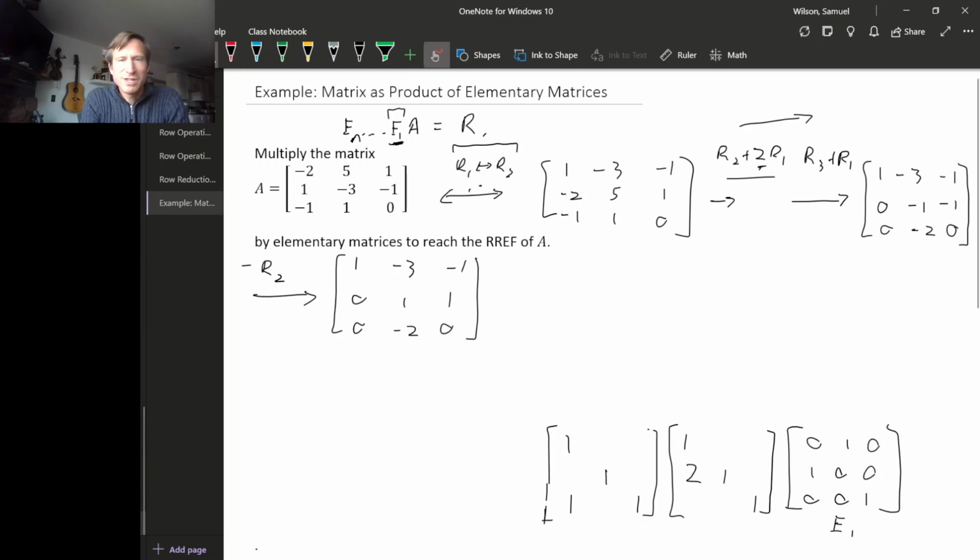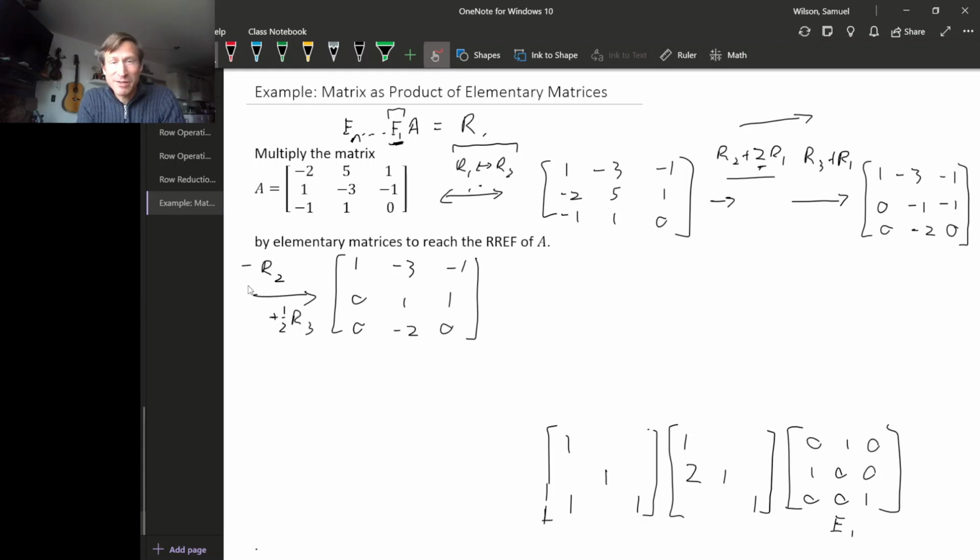Actually, why don't we do two things at once here? After we do this operation, let's also multiply row 3 by minus a half to make this a 1 here. Actually, let's make a positive a half. You'll see why in a second.